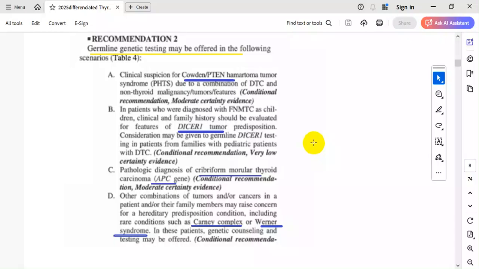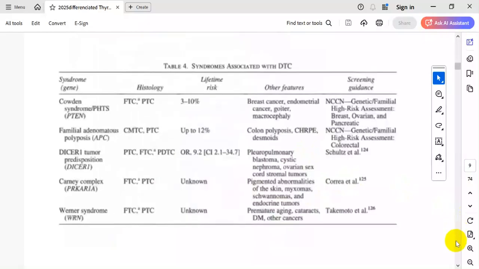And in some, for example Carney complex, we also saw coexistence of acromegaly or even Cushing syndrome. So we must be very cautious with these subtypes and these syndromes.